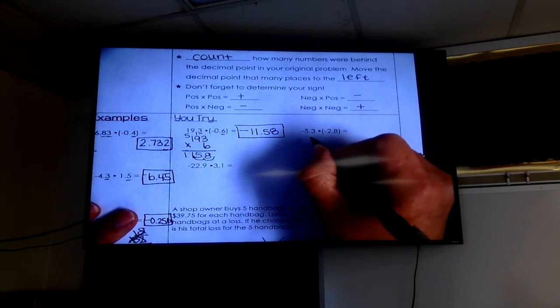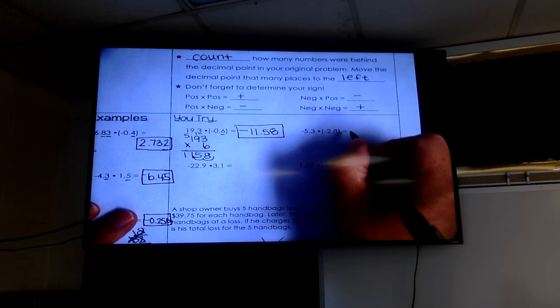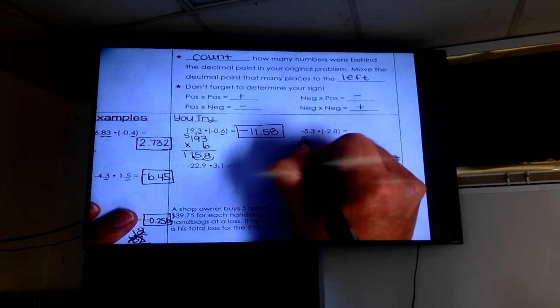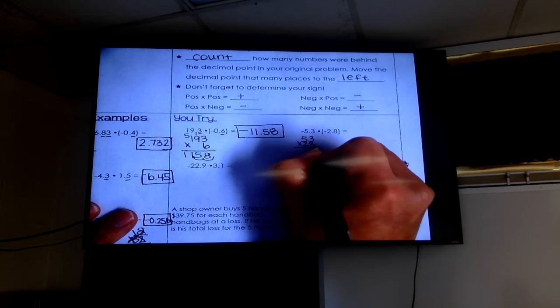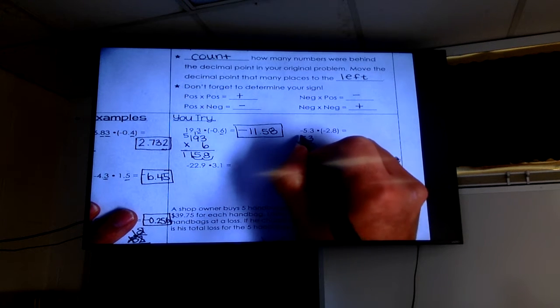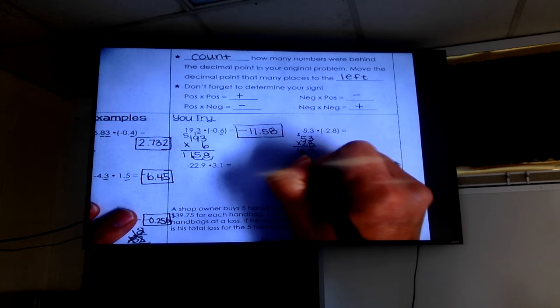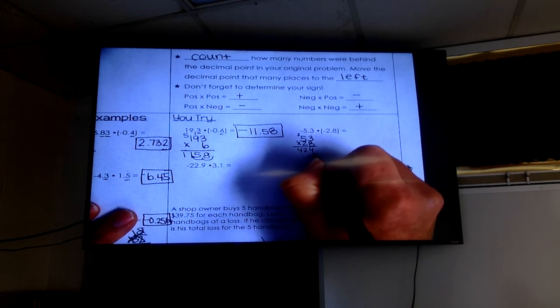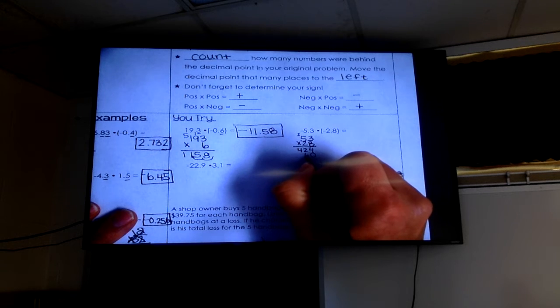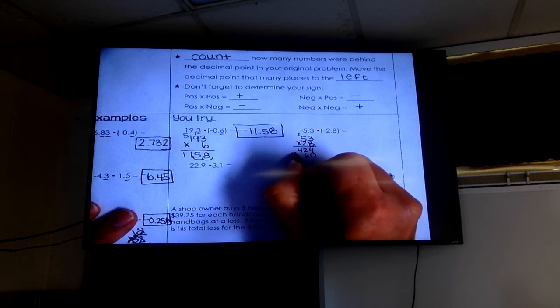Okay, let's try this one. A negative times a negative is a positive, so I'm not going to write anything down. I'm going to rewrite this taking out the decimal, so that's 53 times 28. I'm going to multiply. 8 times 3 is 24. 8 times 5 is 40, plus 2 is 42. Bring down my 0. 2 times 3 is 6. 2 times 5 is 10.